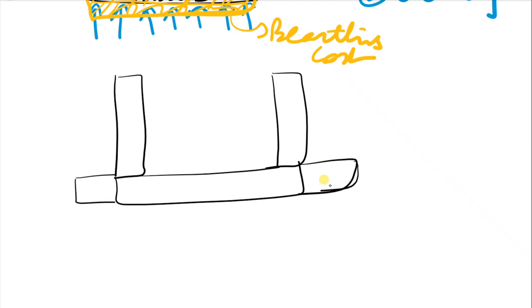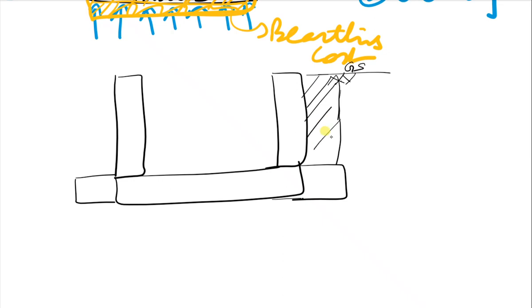If we provide this overhang of some length, and this is the ground surface, the soil is acting as a load on this overhang.